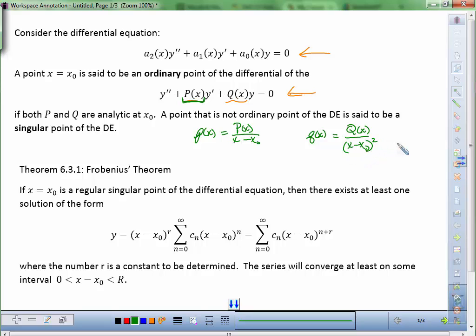If these new functions that we would create are both analytic, that means we can make a power series around that point, and it's called a regular singular point. Oh, they're multiplied, sorry.